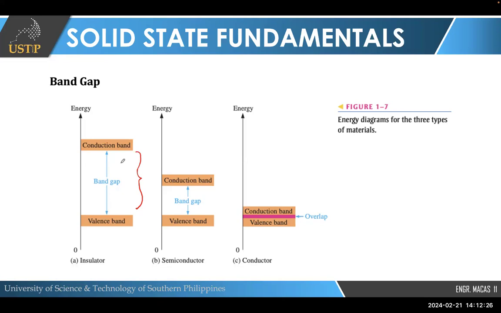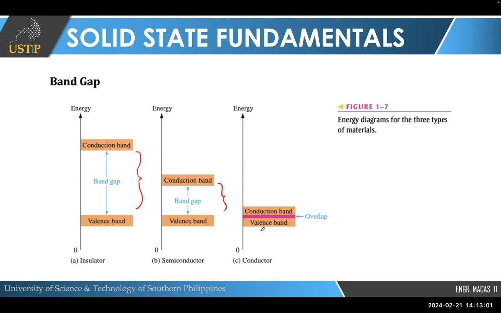For a semiconductor, because it is in between your insulator and conductor, there is a certain amount of band gap, but definitely less than your insulator. There are ways to close this gap so that the electrons in your valence band can go to your conduction band, jump from one atom to another, and create electron flow.